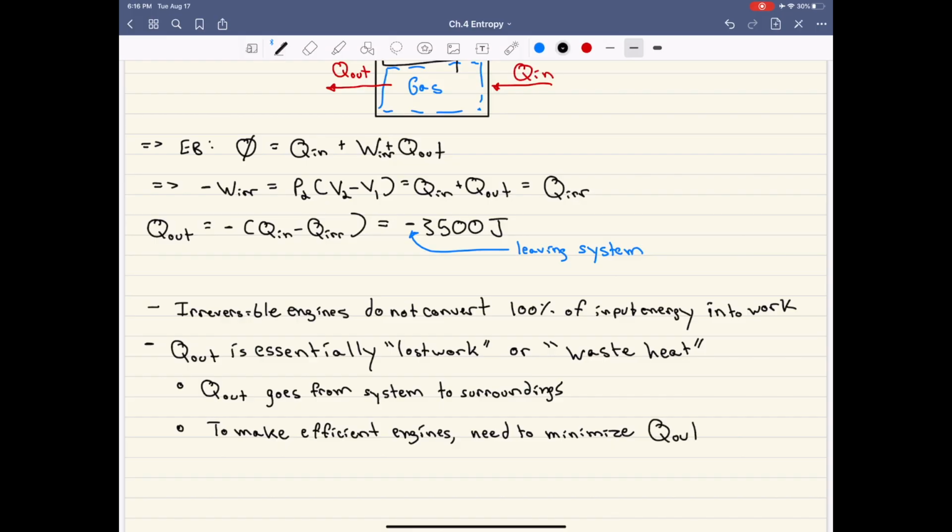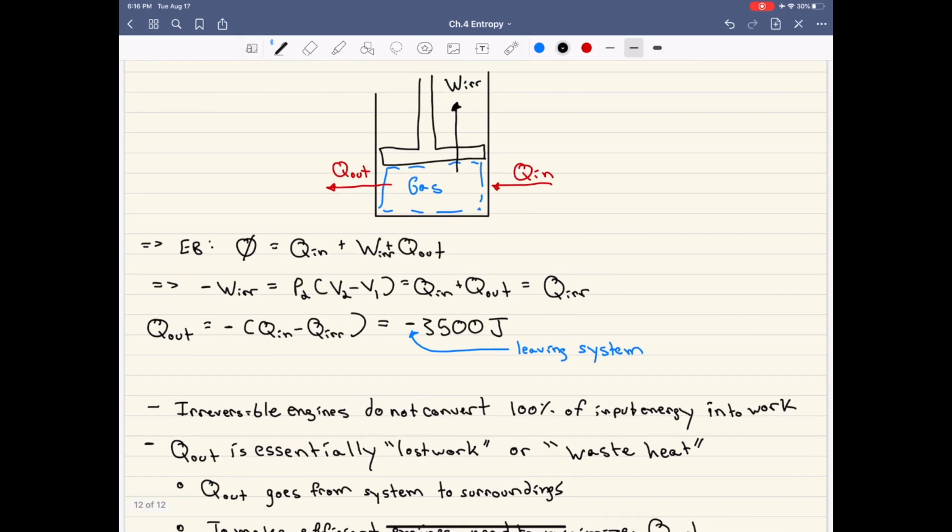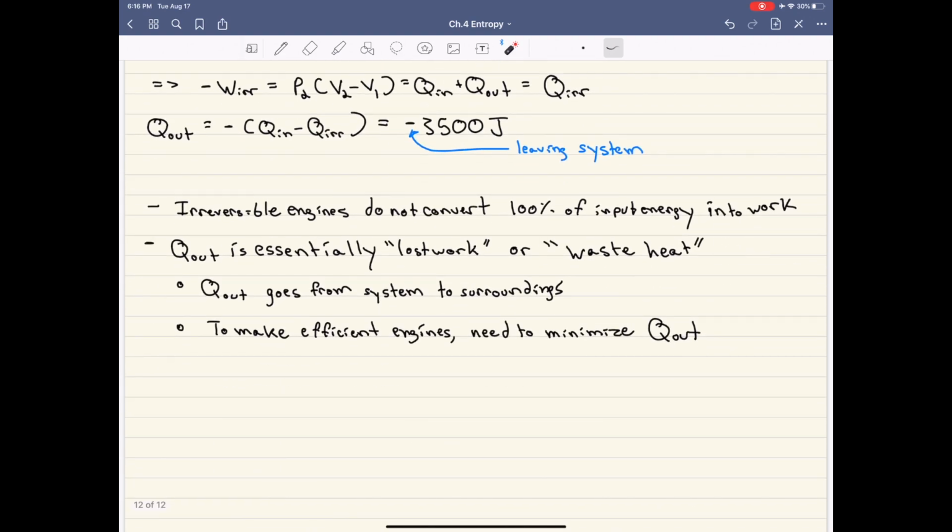And so in this example, I gave a very overspecified way of discussing this sort of lost work or this waste heat that leaves the system. Okay. But more generally, if you want to estimate what the magnitude of this Q out would be a priori, right, in order to do that, we're going to need some other equation that allows us to calculate that ahead of time.